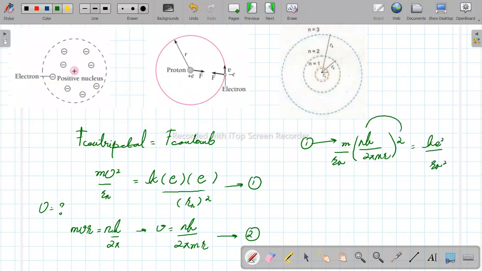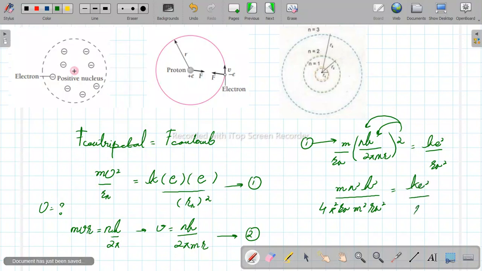Let's just move this square, it becomes m n square h square over 2 square is 4, pi square, and then we have m square rn square equals ke square over rn square. Let's just simplify this equation. We have this rn square here, and then we have this rn square here. This gets cancelled, and then we have m square here and an m here. So let's just cancel these two.